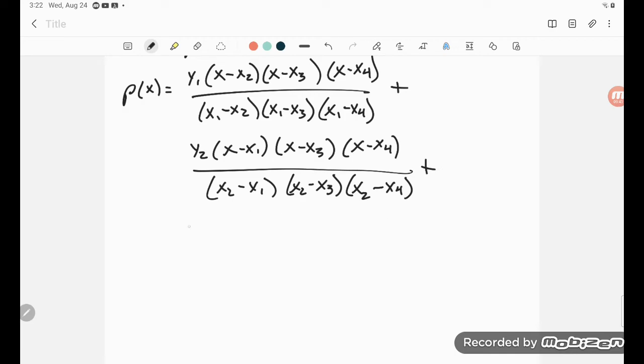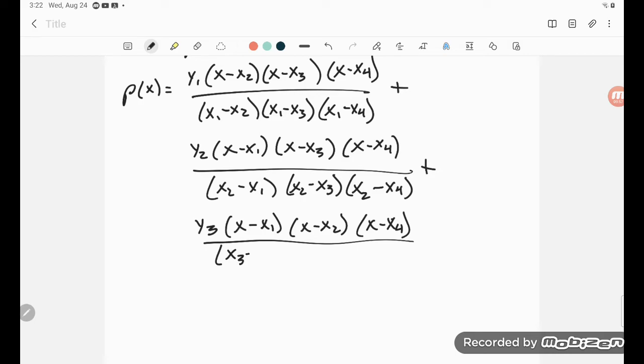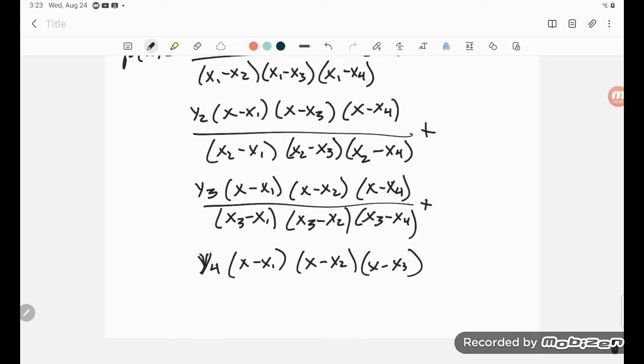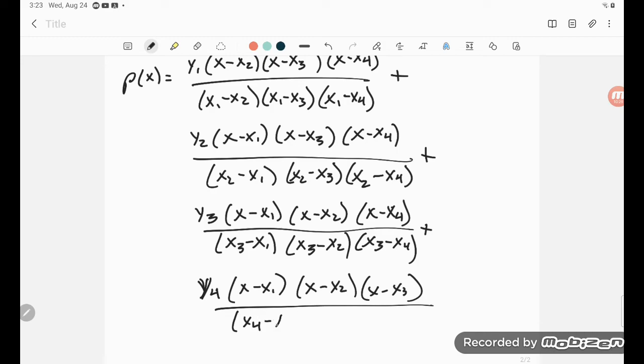plus y3, x minus x1, because that's not a 3, x minus x2, x minus x4, divided by x3 minus x1, x3 minus x2, x3 minus x4, and then finally plus our y4, x minus x1, x minus x2, x minus x3, divided by x4 minus x1, x4 minus x2, and x4 minus x3.